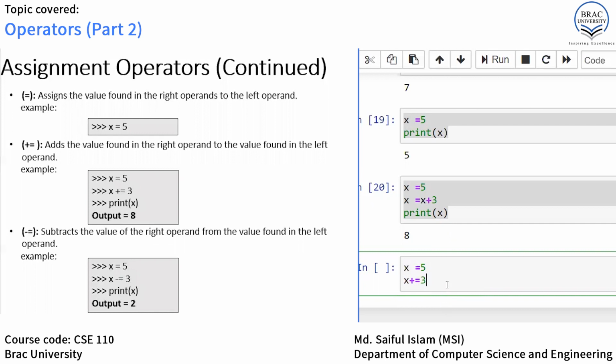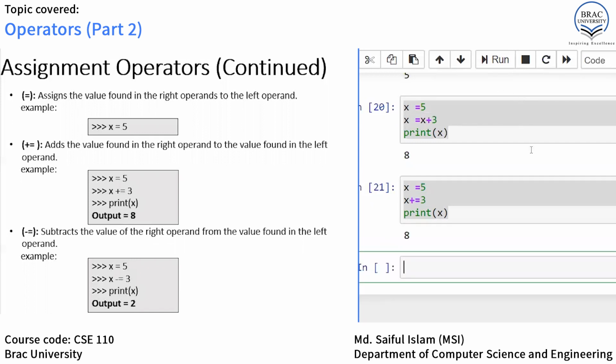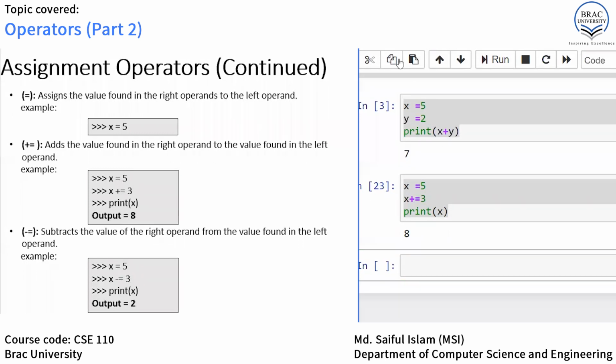Now if we print x and run it, we see the same output as before. So we can write x plus equals 3, which is an assignment operator, instead of the longer form. The same procedure will be applied for subtraction also.